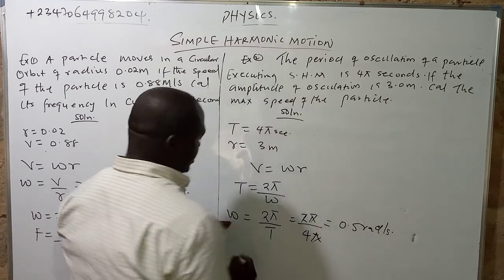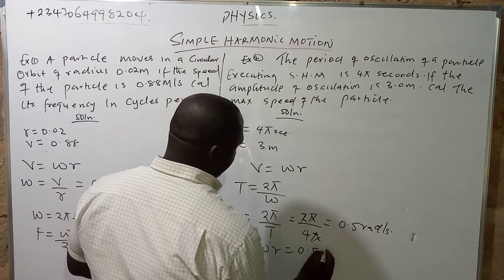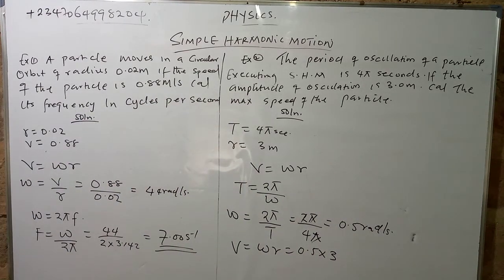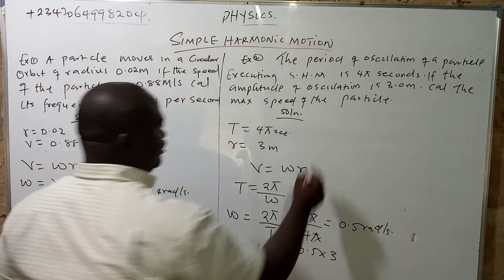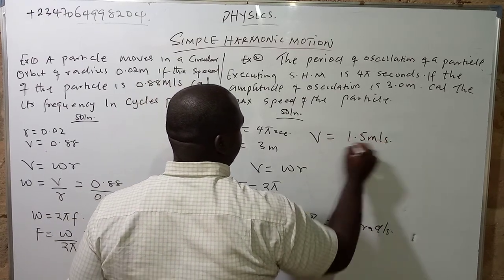So all you need to do is, this is WR, so 0.5 times 3. Whatever you get, that should be your answer. So 0.5 times 3 should give you 1.5 meter per second. So the velocity here is 1.5 meter per second.